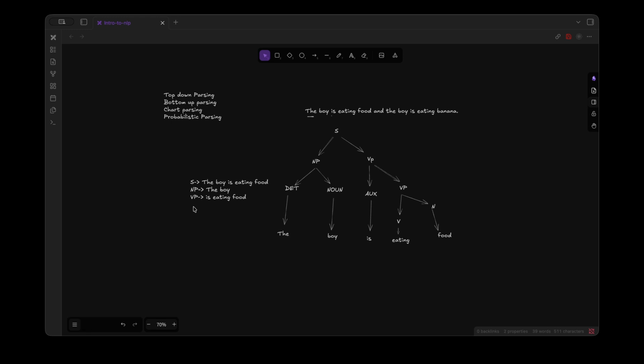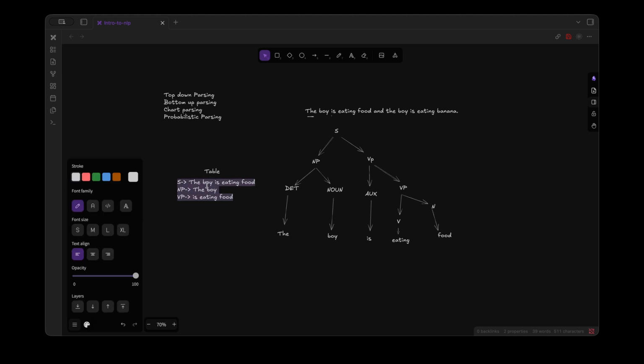This is the table. If you have ever learned how to do dynamic programming, you get this idea. We are storing it inside the table. The determiner refers to "the", the noun refers to "boy".